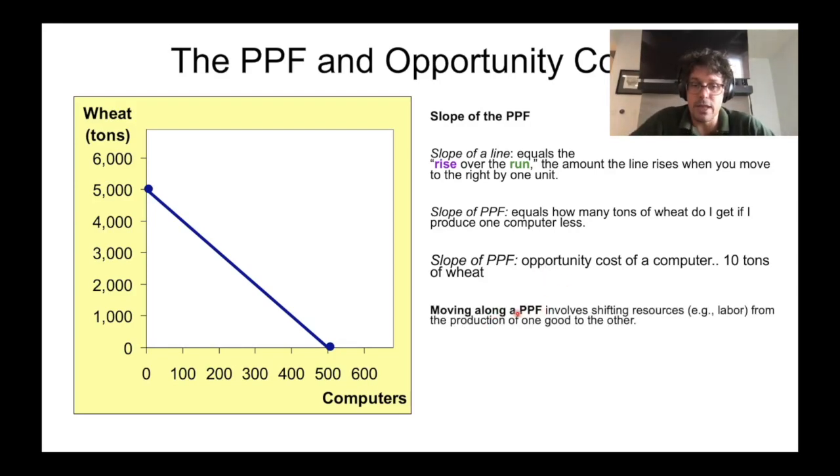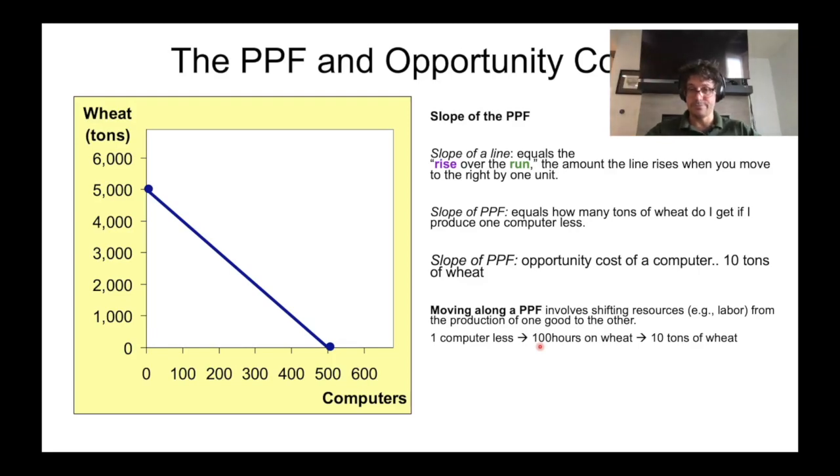So moving along the production possibility frontier involves shifting resources, in particular labor, from the production of one good, computers, say moving to the left, to the other, which is wheat. So one computer less, let's repeat, make an example here. One computer less means that now we have freed how many hours?